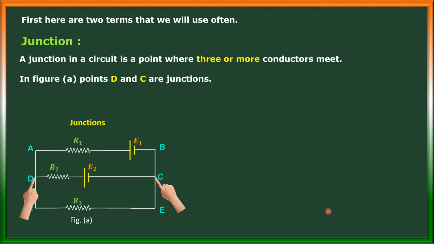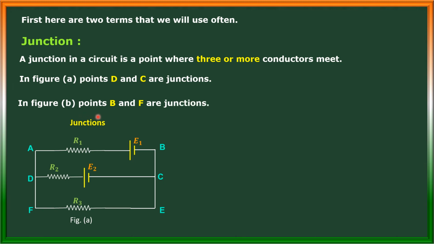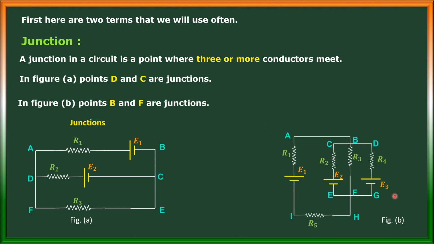Similarly, here you can see one more circuit. In figure B, points B and F are junctions. Let us identify the junctions in this circuit. At the points B and F, three conductors are meeting.